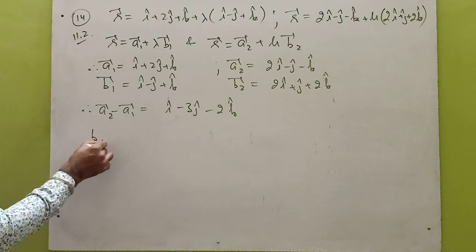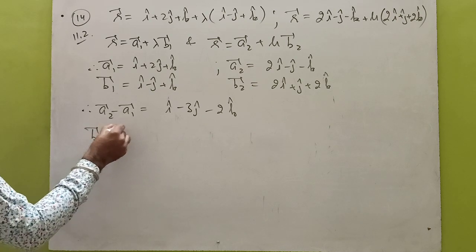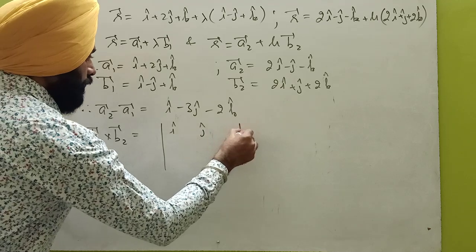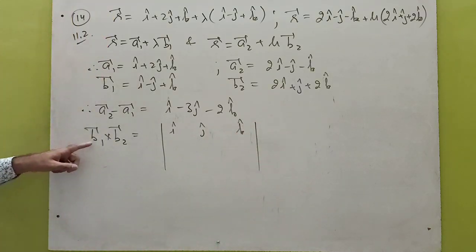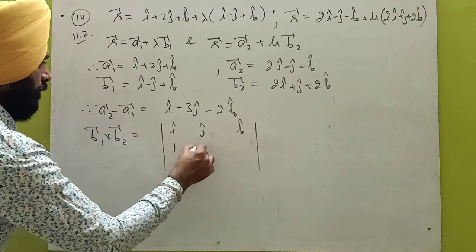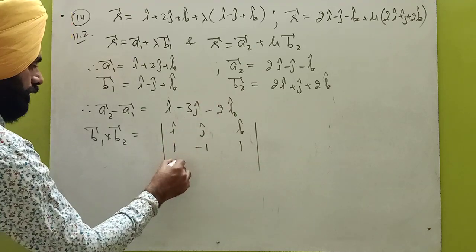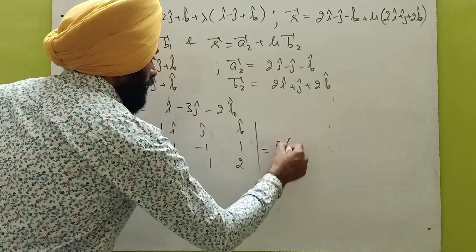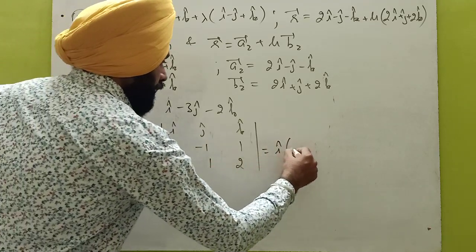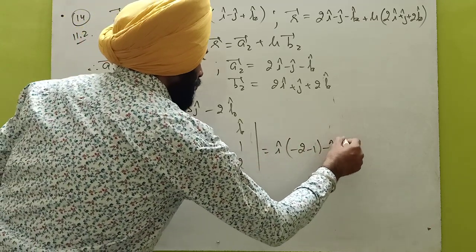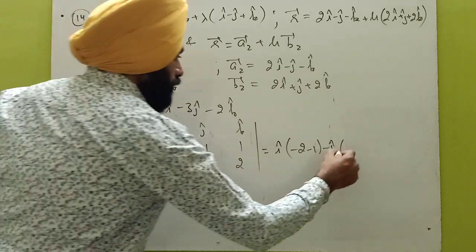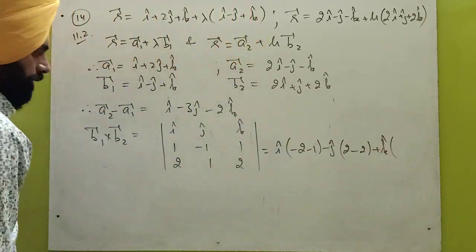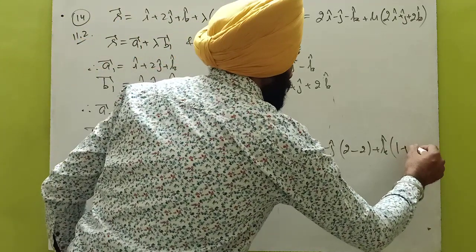Next find b1 cross b2. Cross product of two vectors. Determinant method. i, j, k is the first row. In the second row, coefficients of b1 are 1, minus 1, 1. And coefficients of b2 are 2, 1, 2. Now expand. So there is minus 2, minus 1, minus j cap (2 minus 2), plus k cap (1 plus 2).